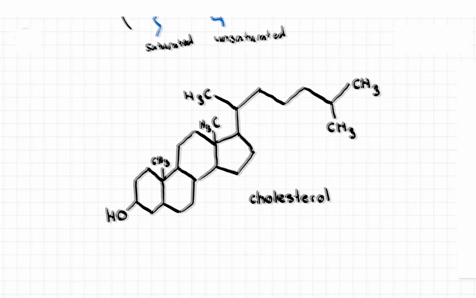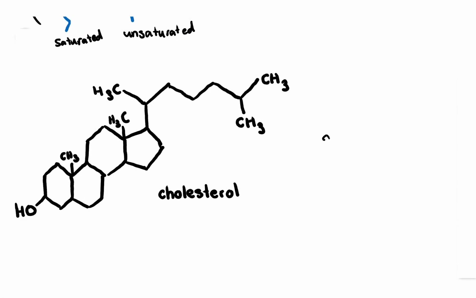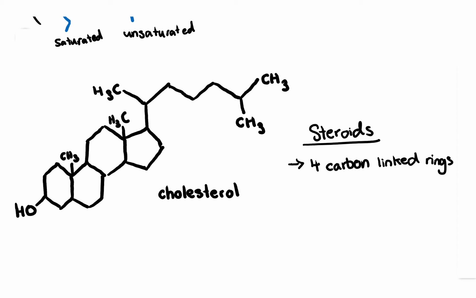So we've gone over fats and oils and phospholipids. The final group we're going to be talking about are called steroids. And these aren't the steroids that you normally think of. In fact, the characteristics of steroids are that they have 4 carbon-linked rings, and that can be seen in this structure of cholesterol with these 4 carbon rings.